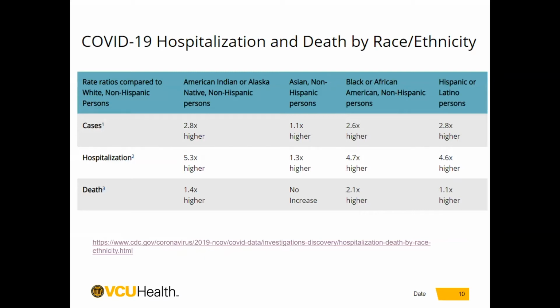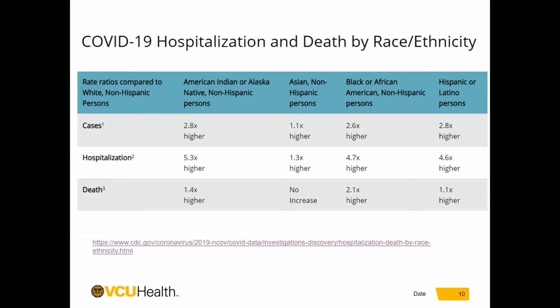Some of the most recent data that's come out of the CDC has truly confirmed that there is an issue that we need to be thinking about as it relates to how COVID-19 is impacting Brown and Black individuals in our country.